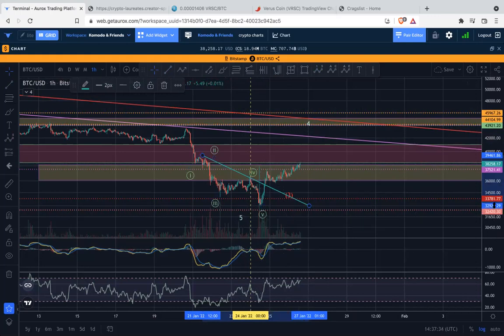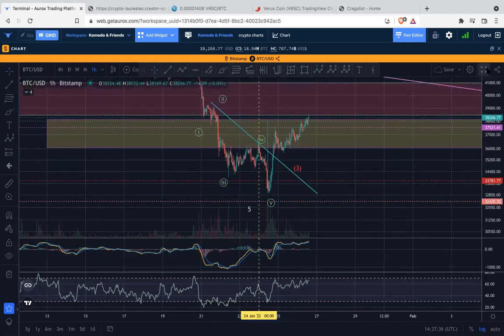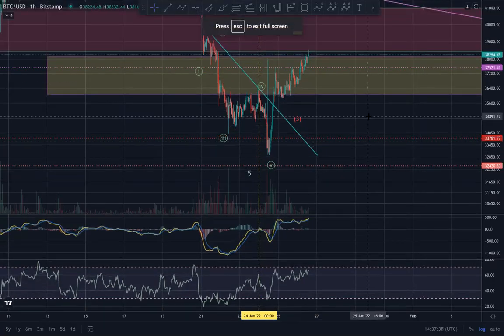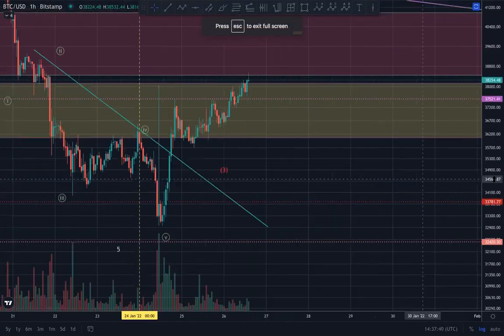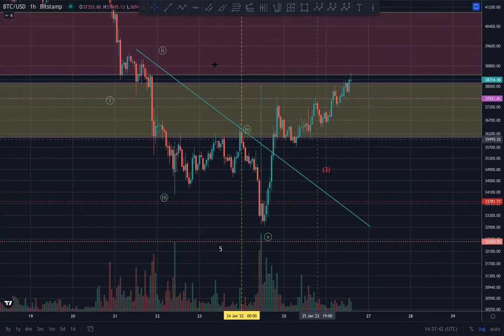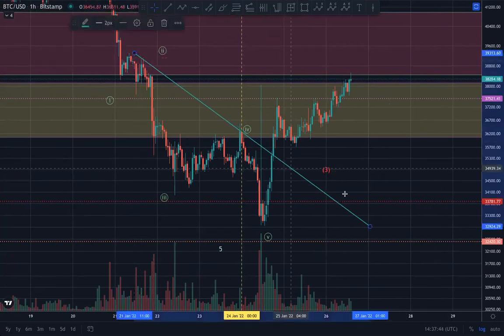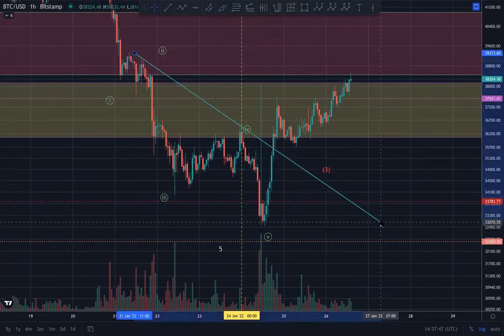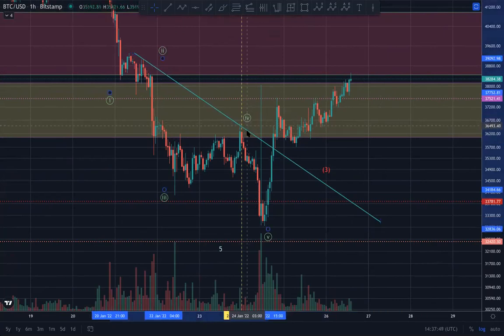Now, how do we look for that potentiality? Let's dig in. We are looking for that potentiality by seeing how long it takes this 5th wave to build. When the 2 to 4 trend line is hit, we have this 5th wave that builds, and then the reversal of the 5th wave breaks the 2 to 4 trend line.